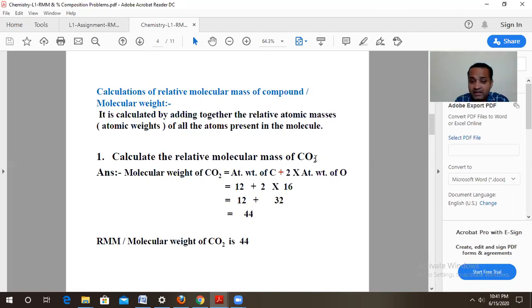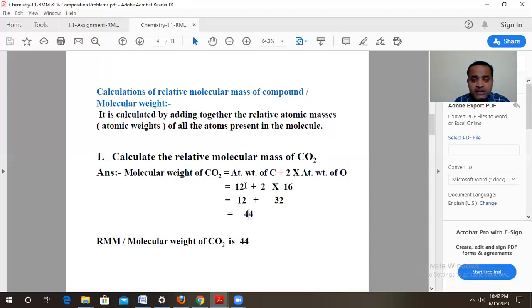The atomic weight of carbon is 12 and that of oxygen is 16, but two atoms of oxygen is 2 into 16. So our calculation becomes 12 plus 2 into 16, so 12 plus 32, that is equal to 44. Therefore the relative molecular mass or the molecular weight of carbon dioxide is 44.